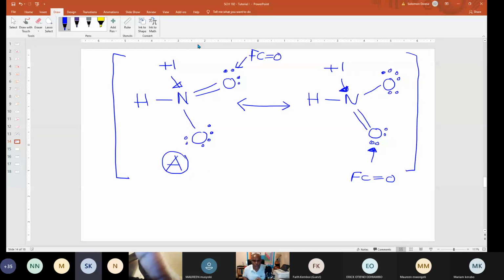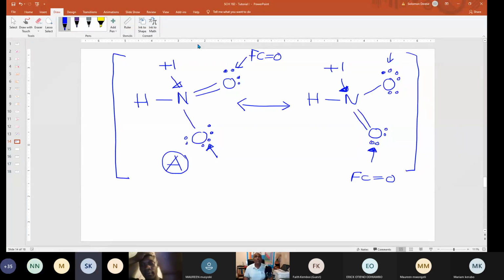If you look at this oxygen, as well as this other oxygen, how many bonds have they formed? Only 1. The number of bonds they have formed is 1, with the nitrogen.